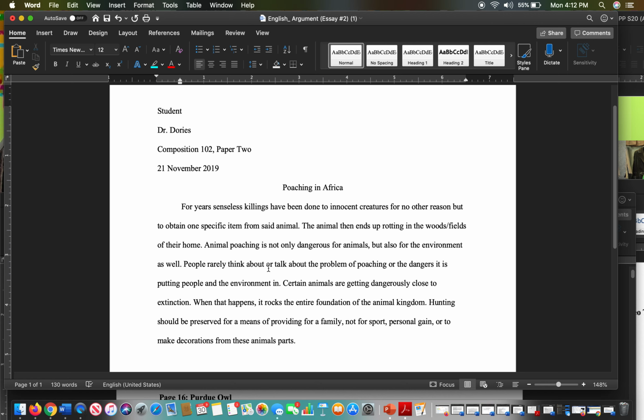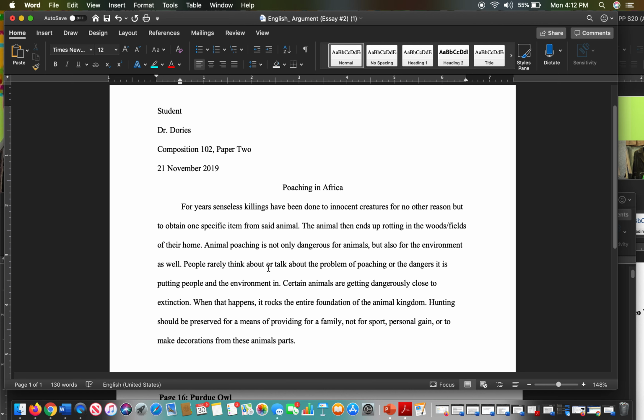"For years, senseless killings have been done to innocent creatures for no other reason but to obtain one specific item from the said animal." So not perfect writing, this is a student example, but you can see that that's a very general statement that's wide, right? "The animal then ends up rotting in the woods, fields of their home.